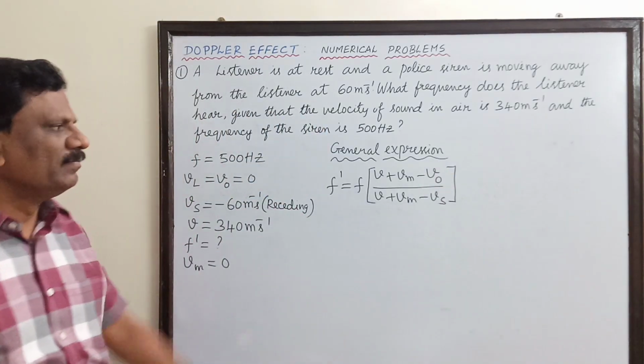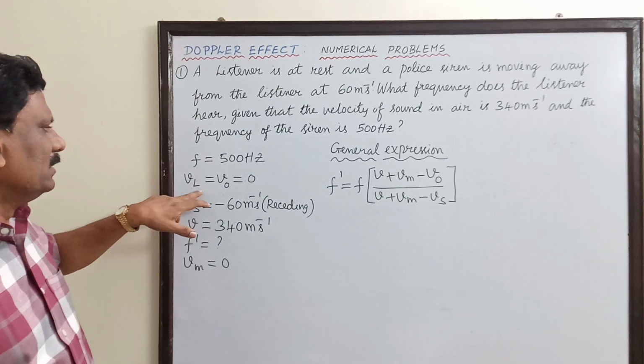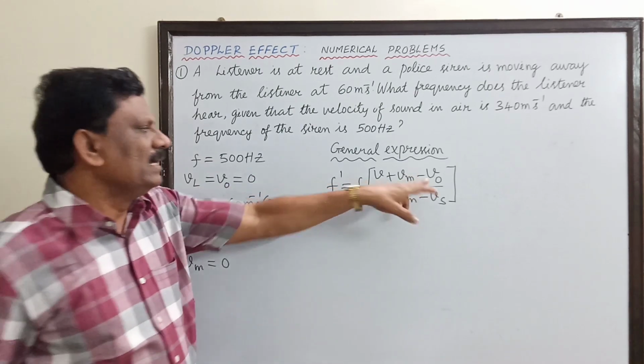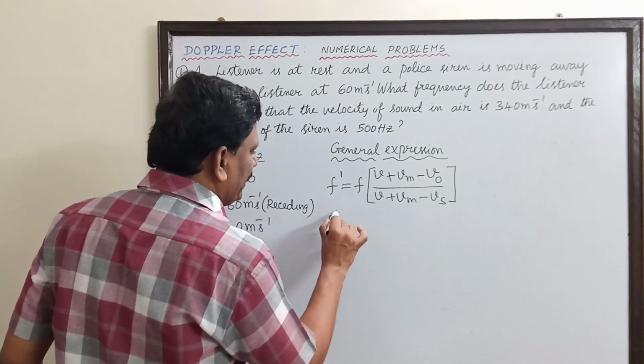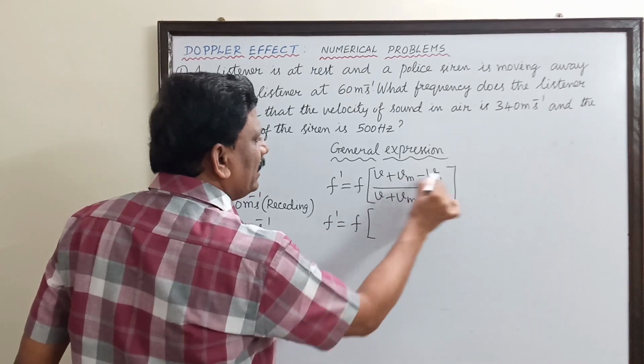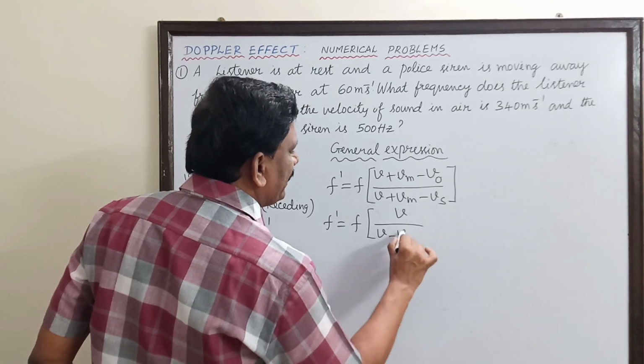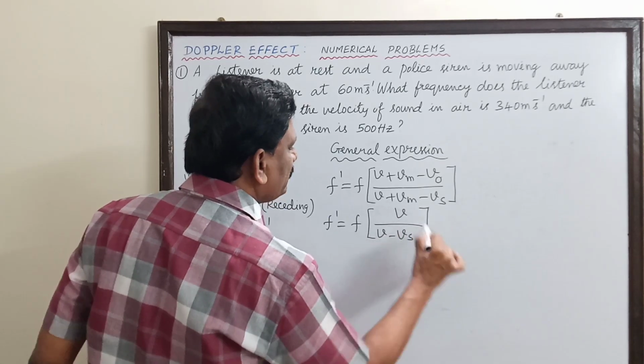Here V medium is equal to 0 and the observer is at rest. So F dash is equal to F into V divided by V minus Vs.